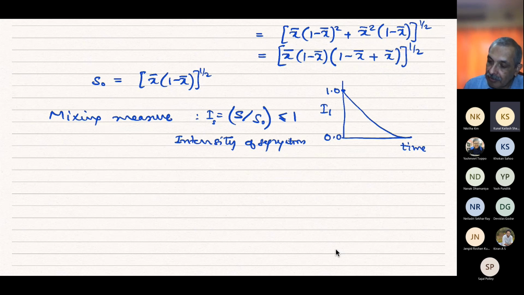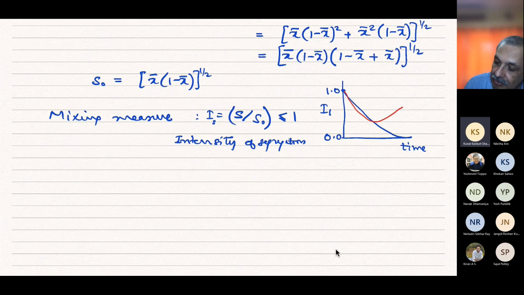And in fact, what I'll try and show you next time is that in some of the cases, it may actually go like this, that things may mix for a while and then they will start unmixing. And that is due to segregation, that is, the particles actually separate out. So we'll look at that also in the next class.